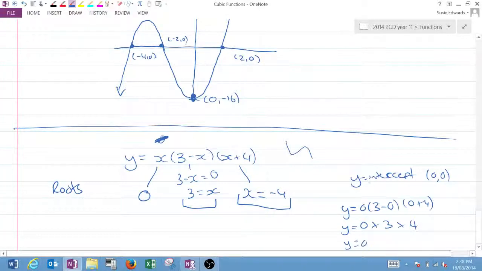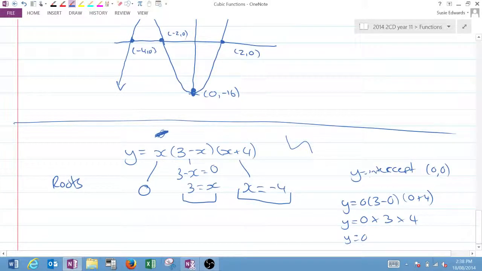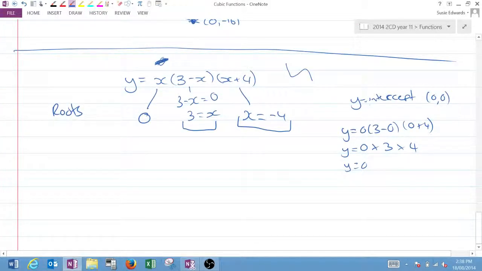So if we plot these points, it'll take us less than a minute to plot this, okay? So you just have your lines. You've got 3, -4, so -4, 0, 0, 0, 3, 0. We know the line goes in this direction.